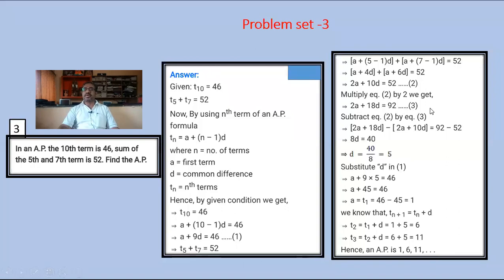We get equation number 3. म्हणजे समीकरण 1 ला जर 2 ने गुणले तर a चा सहगुणक समान होतो म्हणून समीकरण 1 ला 2 ने गुणून then we get 2a plus 18d is equal to 92, equation number 3.